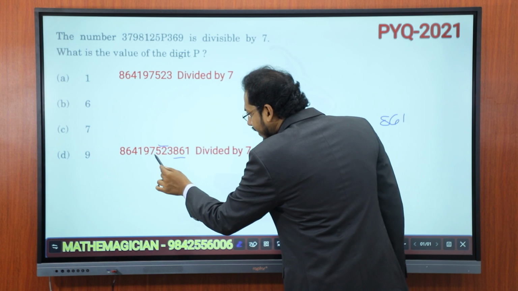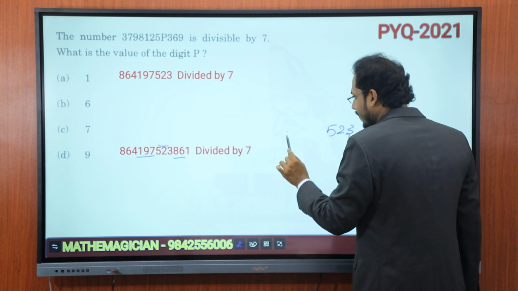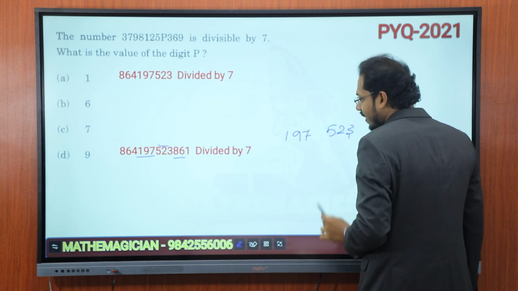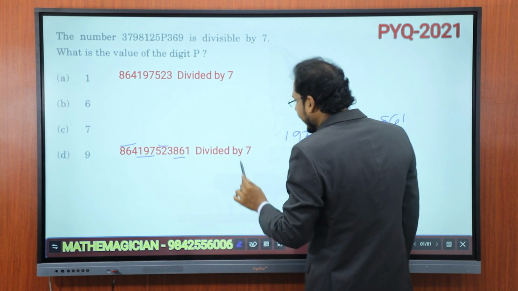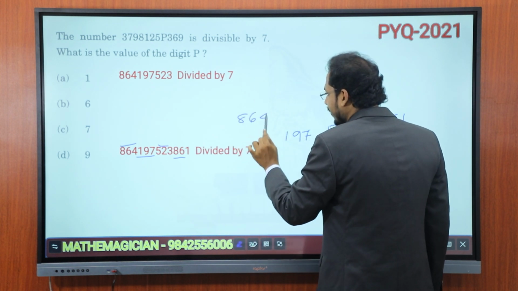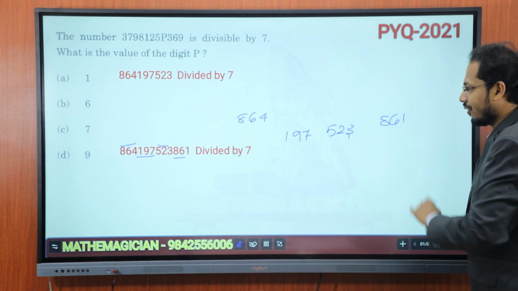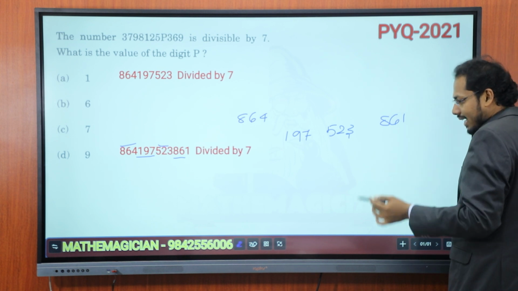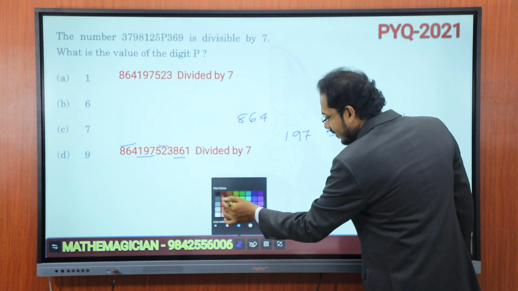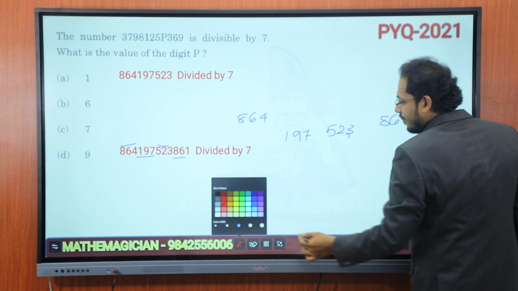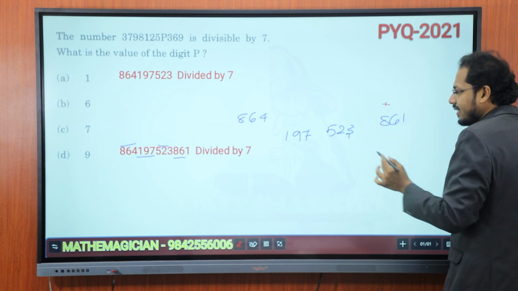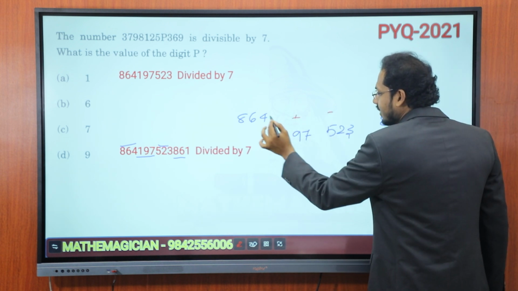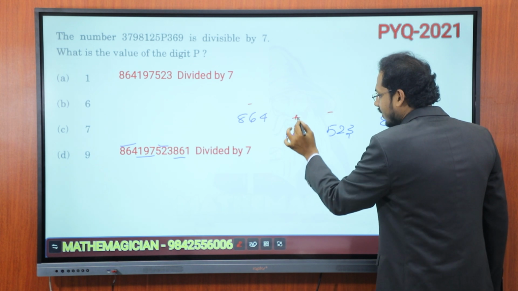Again next 3 numbers is 197, and here 864. So 1, 2, 3, 4 sets, right? From the last, I need to put the symbols. First starting with plus, then minus, then plus, then minus, right?